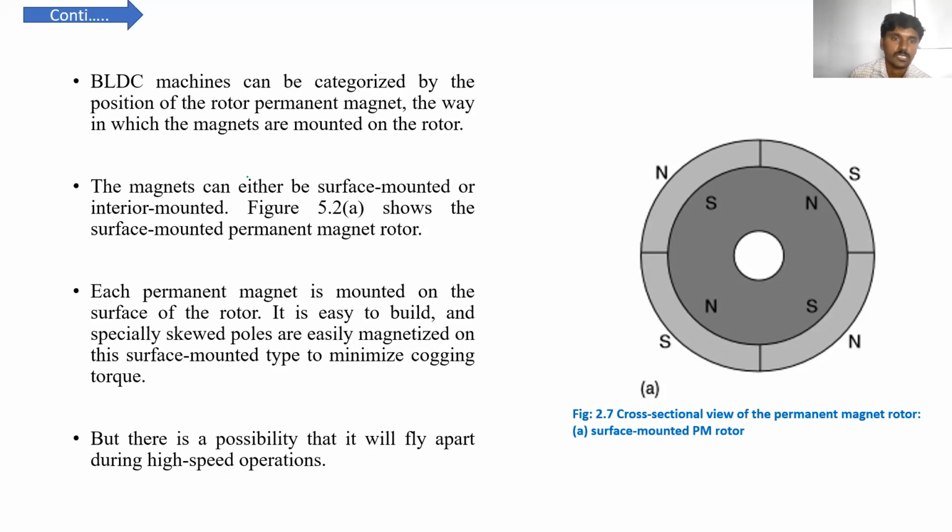So the brushless DC motor is classified into surface mounted and interior mounted types. Surface mounted means the rotor is like this.